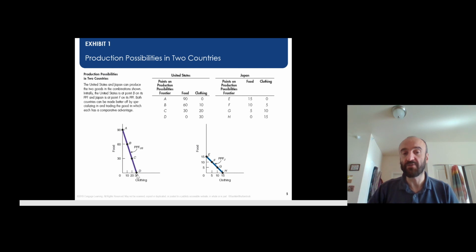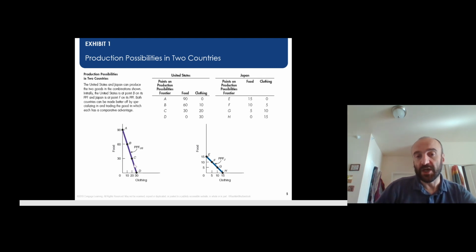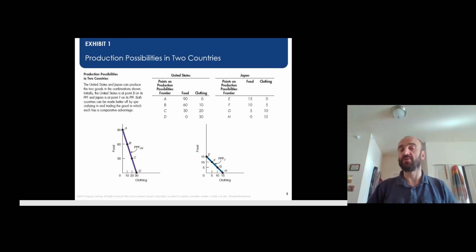So they will have to sacrifice some clothing in order to make more food, or if they want to make more clothing, they will have to sacrifice some food. The production possibilities frontier is a curve that connects all possible combinations of these two goods that could be produced at the given level of economic and technological productivity of a country.